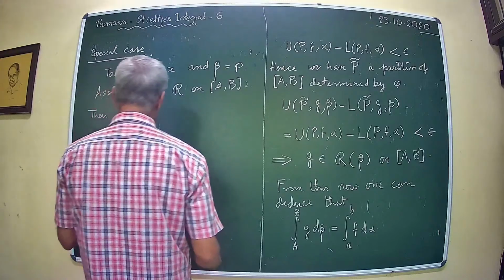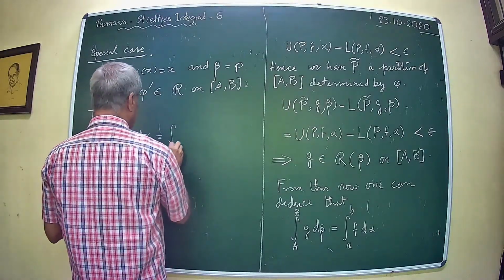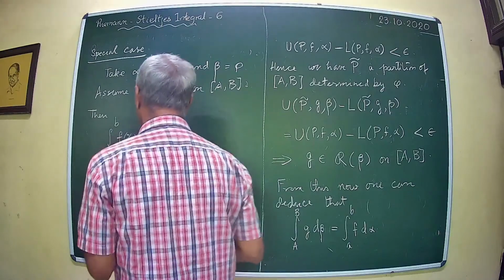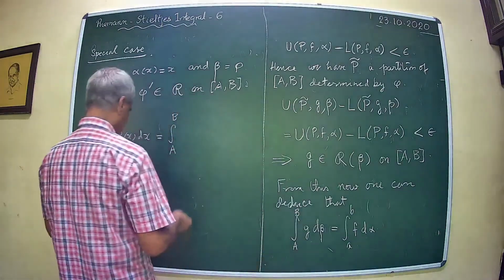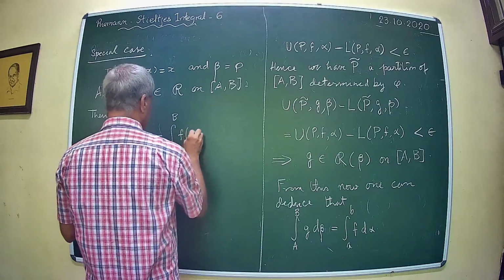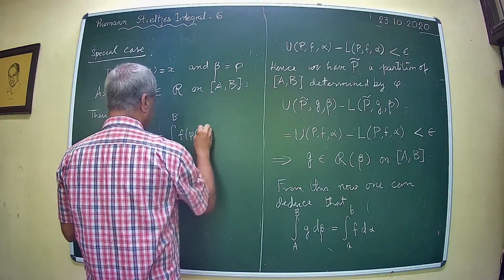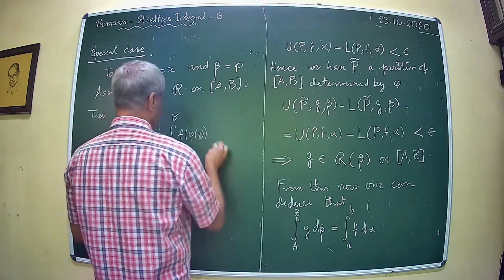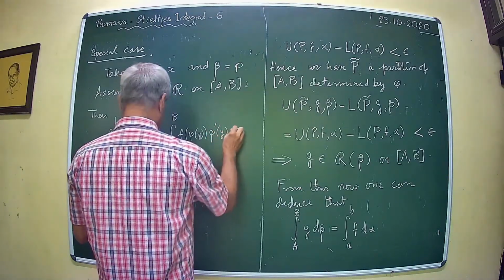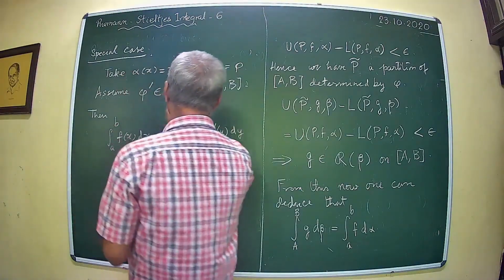So what is it? Integral a to b of f of phi(y) into phi derivative(y). This is simply the substitution.